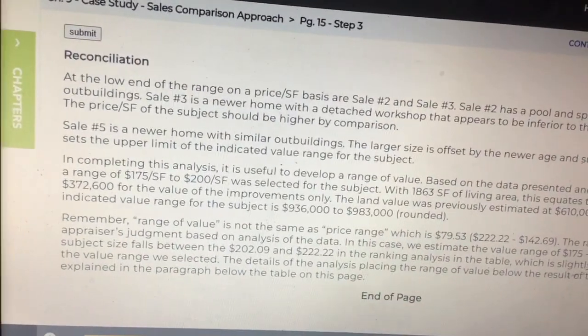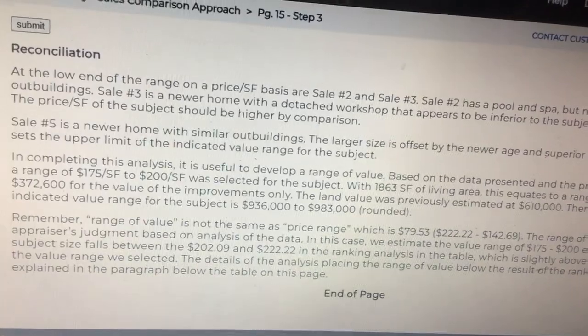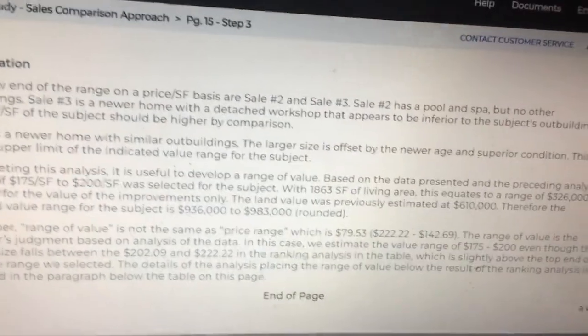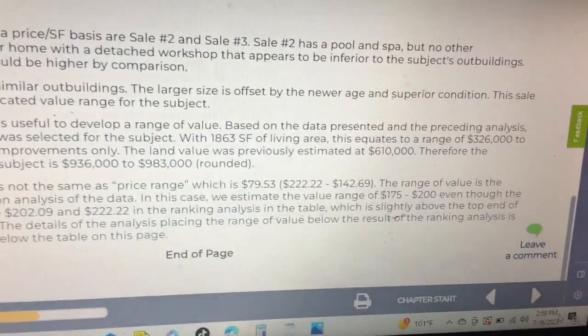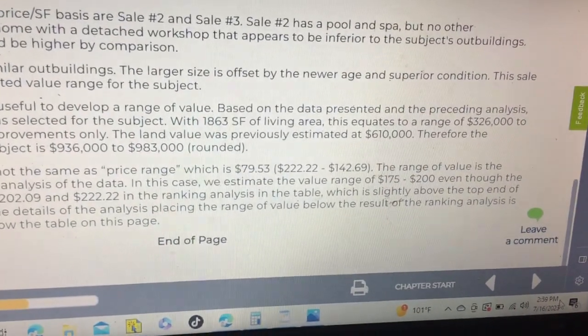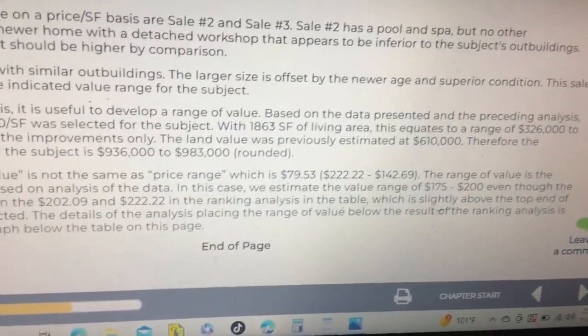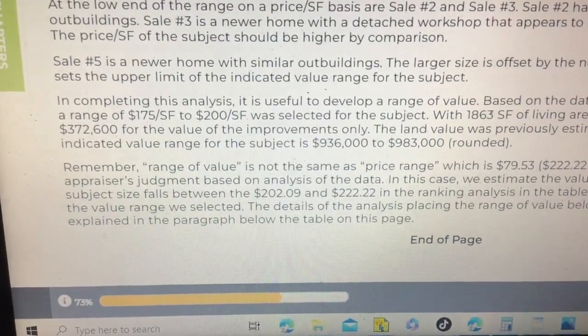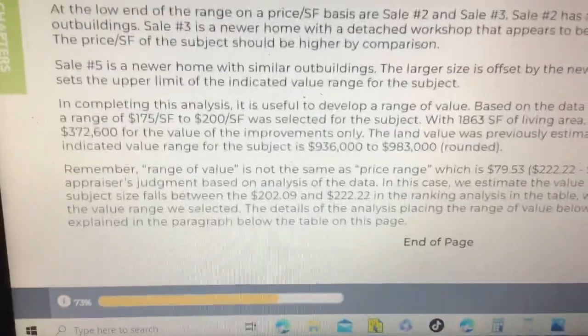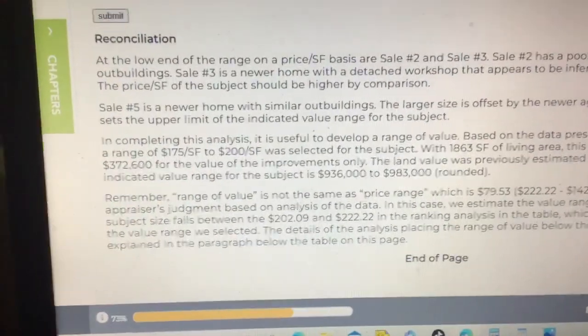The details of the analysis placing the range of value below the result of the ranking analysis is explained in the paragraph below the table on this page. End of page.